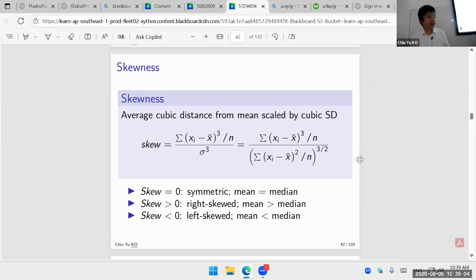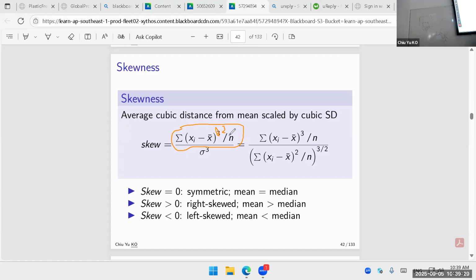So skewness, it looks crazy, but first look at the numerator. It looks familiar. If I forget about the 3, if it were 2, then you know what it is. The 2 is just variance, right?